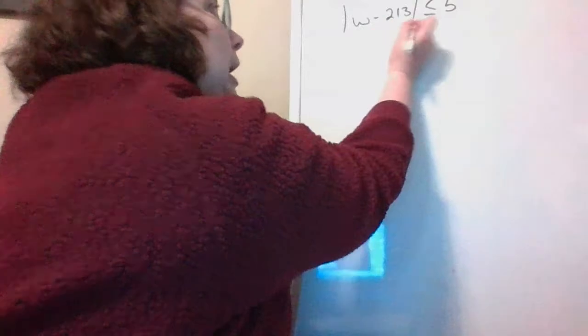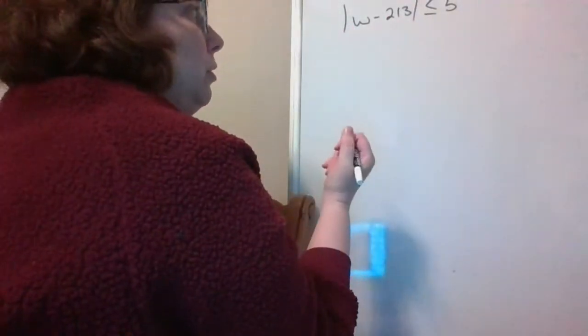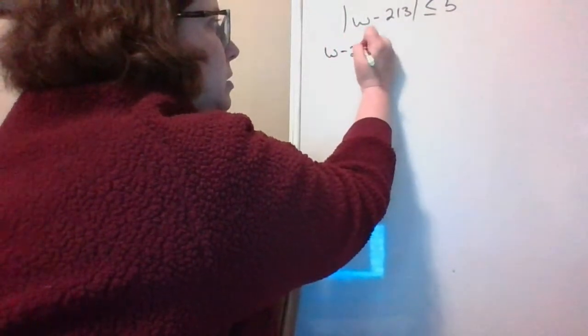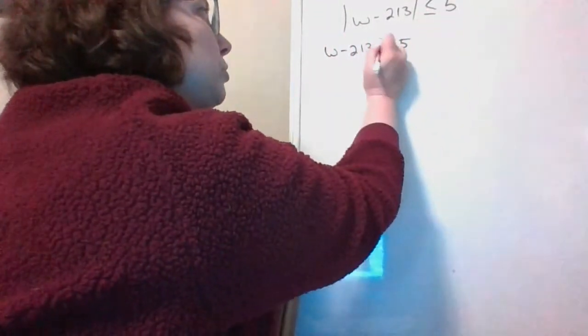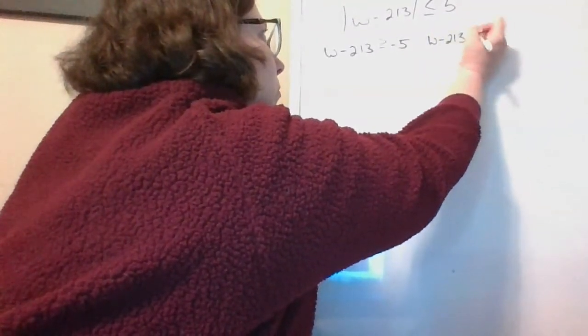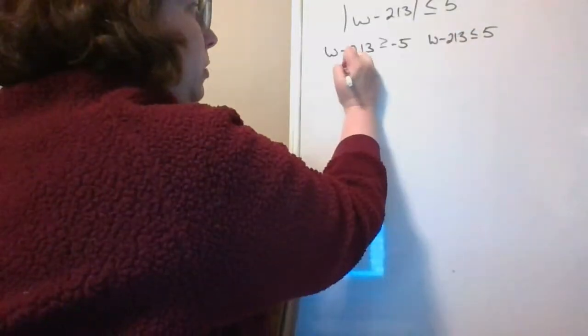So 5 grams is okay, either smaller or bigger. When we do this, our absolute value is already isolated on that side of our inequality. So we can go ahead and split this. Remember, with your negative 5, you have to flip that inequality. With the positive 5, the inequality stays the same.